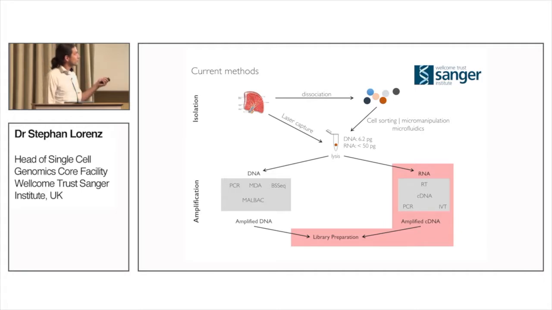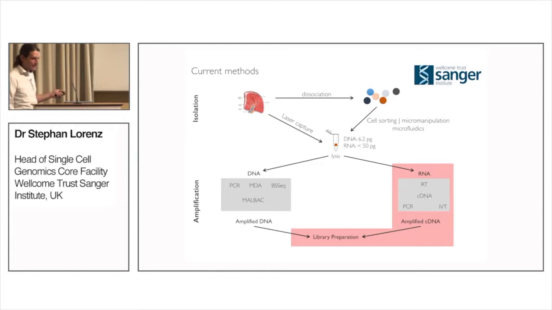Typically, you would then have to make a decision whether to go down the DNA route and use either MDA or PCR-based methods. There's now also single-cell bisulfite sequencing, published last year by our collaborators, or you dedicate yourself to RNA transcriptome sequencing. There was a paper 1.5 years ago by Ian McCauley, who is now at, not TGAC, the Earlham Institute.